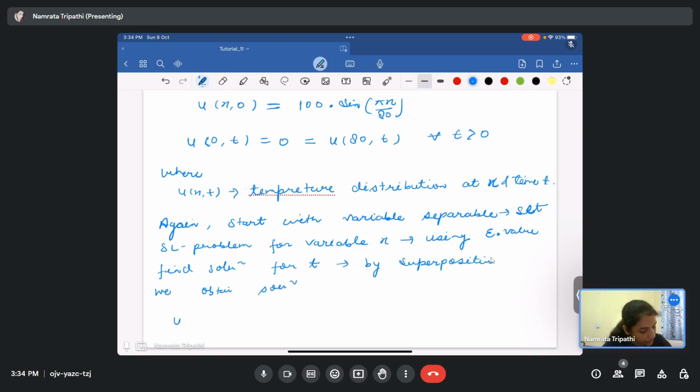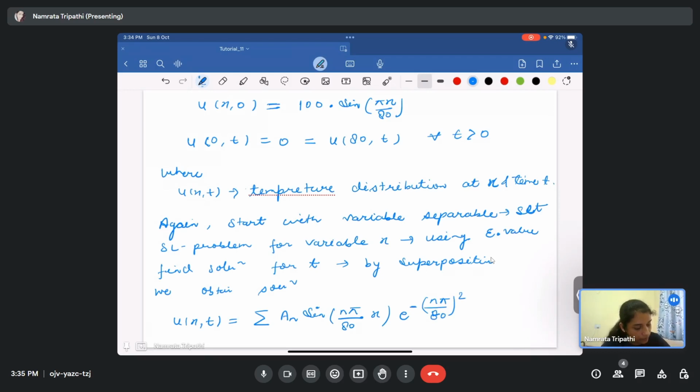So you can check these steps, then you will find the solution of the form sine n pi x upon L, L is 80, e to the power minus n pi upon L whole square, L is 80, whole square into c square, means alpha square.